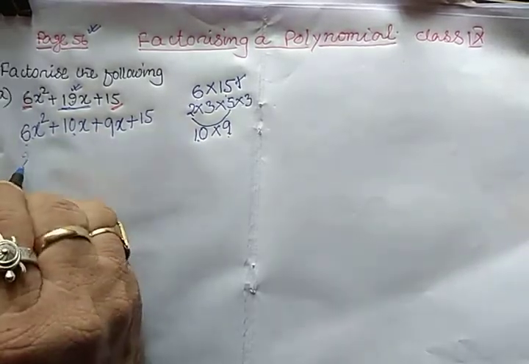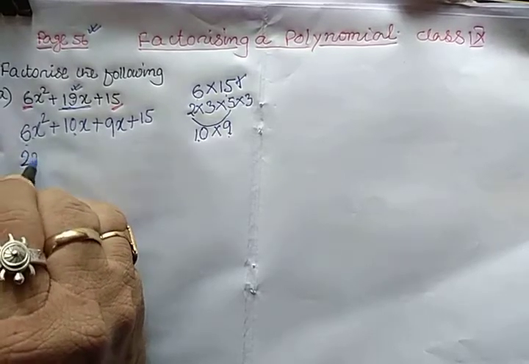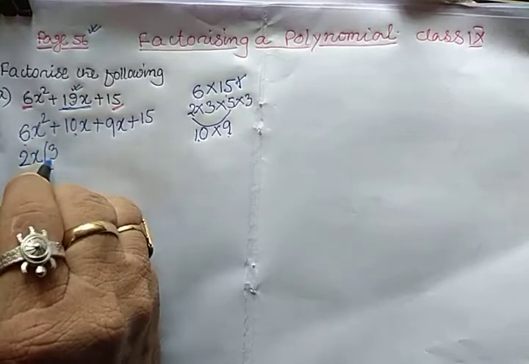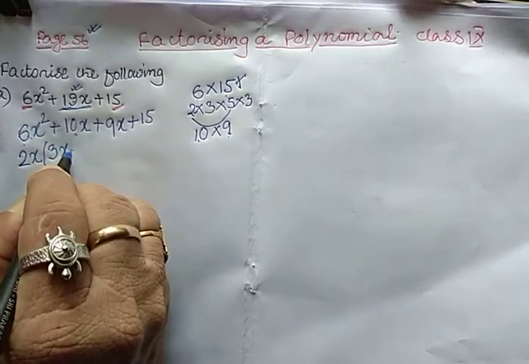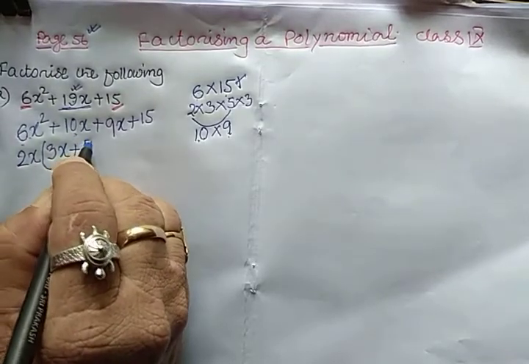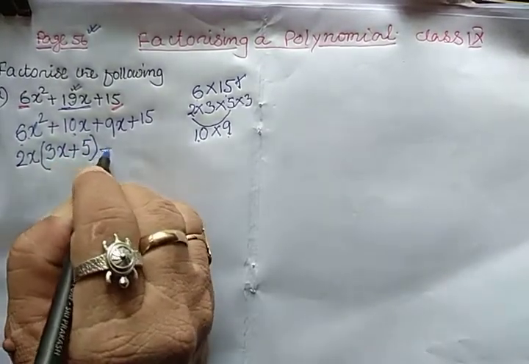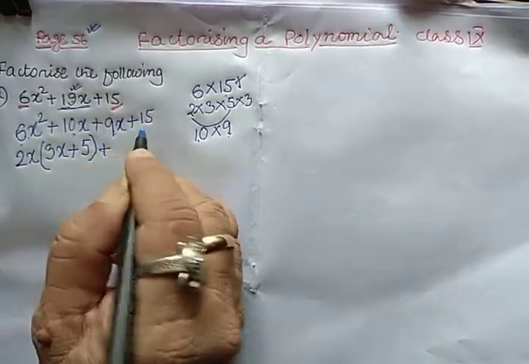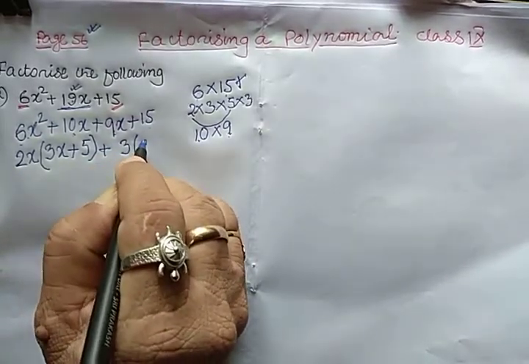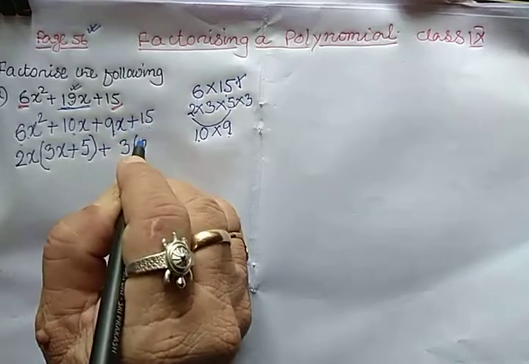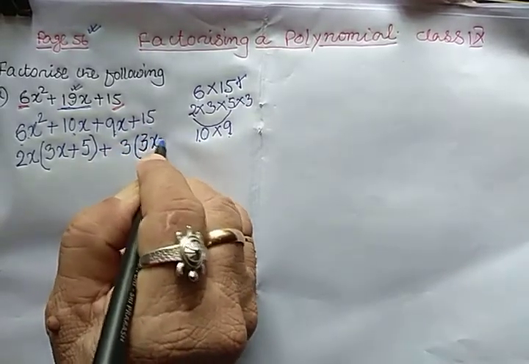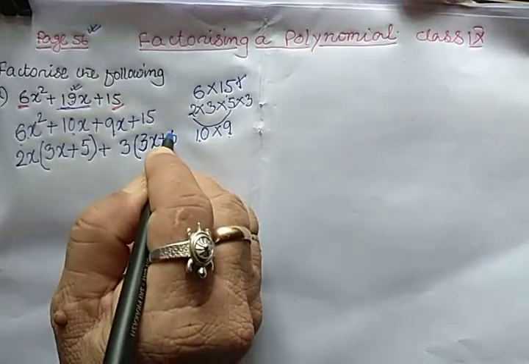So take 2x. Here what will be left? 3x will be left. Plus here what will be left? 5 will be left. And from these two again you take 3 common. What you get? 3x plus 5.